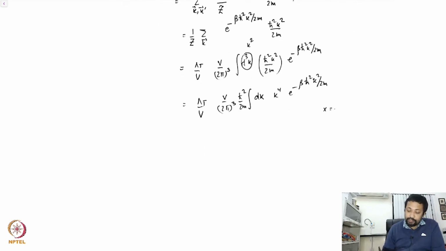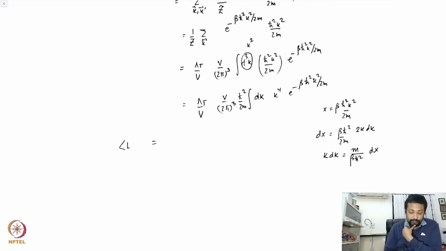If you substitute x as beta h bar square k square over twice m, then dx is beta h bar square over twice m times 2k dk. So that k dk is going to be m over beta h bar square times dx.